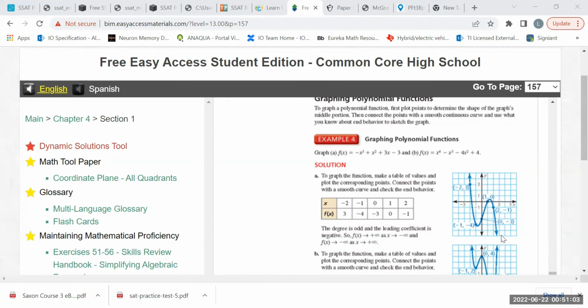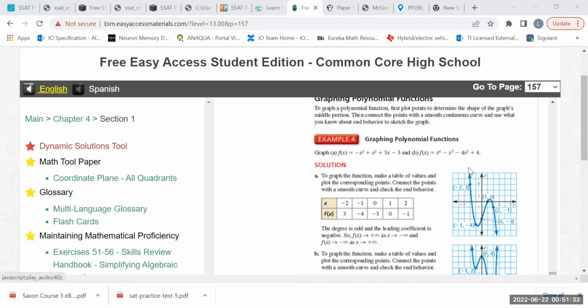Now, from the leading coefficient and the degree of the polynomial, I'll also be able to figure out the end behavior of this graph, from what I taught you just before. So I use that concept and I draw the end behavior of this polynomial as well. For example, in this case, you have a negative leading coefficient and the degree is odd, which is 3.